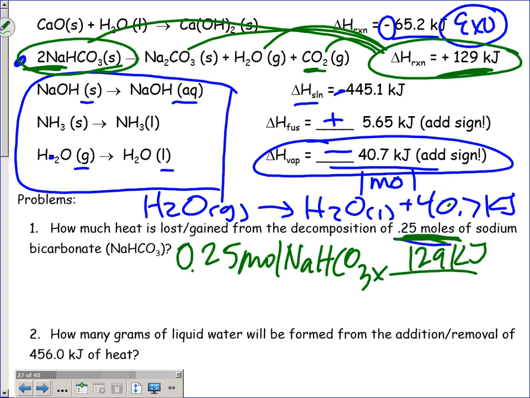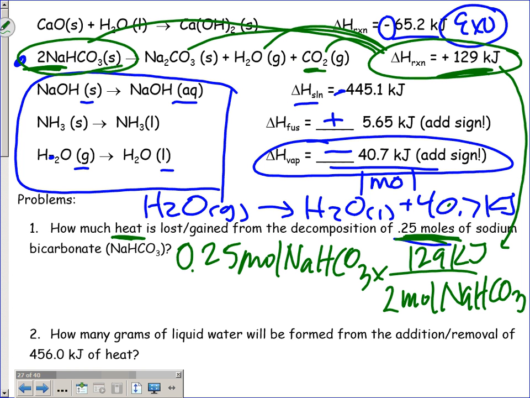So this amount of energy is required to be consumed or used for decomposition of 2 moles of sodium bicarbonate. So we'll hit up some more of these, but this is basically like a thermochemistry mole ratio where we use energy instead of just moles. And so this would be 0.25 times 129 divided by 2, and that would be our final answer for how much heat is lost or gained. We'll have to decide if it's lost or gained here.